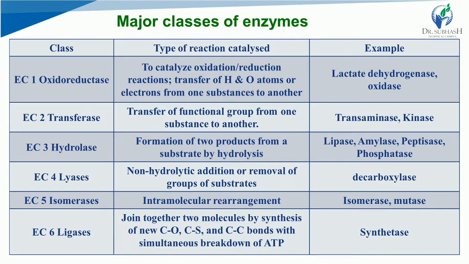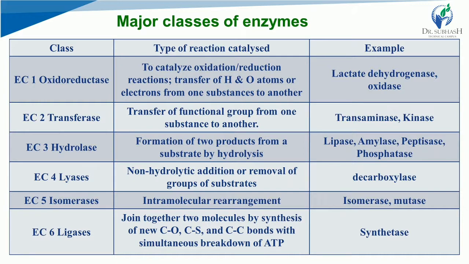So here you need not remember everything, you just need to have knowledge of the major classes of enzymes. Like for class 1 oxidoreductase, the example will be lactate dehydrogenase and oxidase, right? Or it can be more than that also. But what is the main role of oxidoreductase?